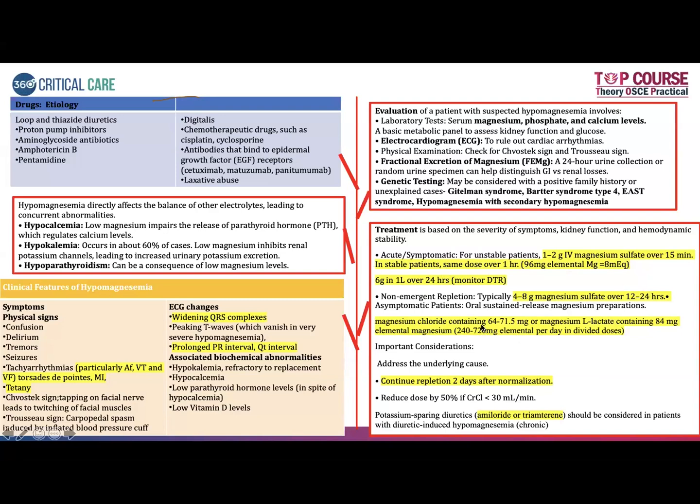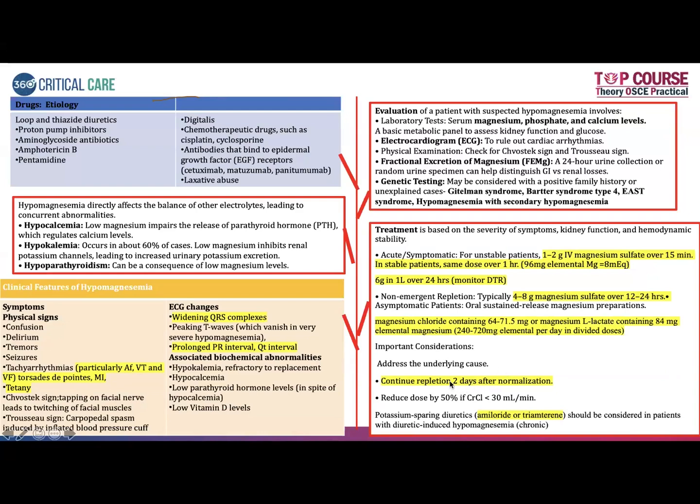In terms of oral supplementation, you have medications that contain 64 to 71 milligrams of magnesium. The maximum elemental dose can be 240 in divided doses per day, up to a max of 720 per day in divided doses. When you are replenishing the magnesium levels, it should be done over a period of about 2 days.